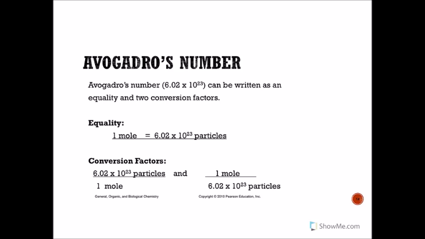Again, that term particles is just written because if we have a lone element, we would replace that word with atoms. If we had a covalent compound, we would replace that word with molecules.